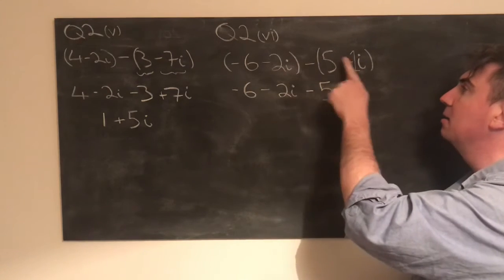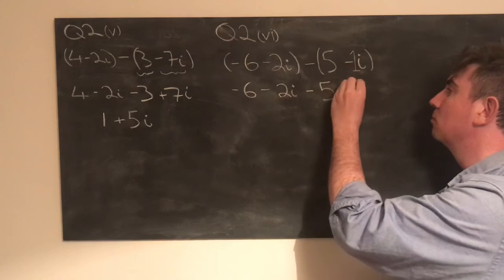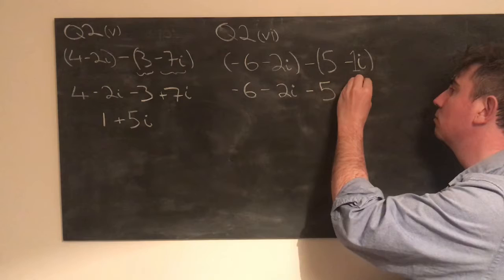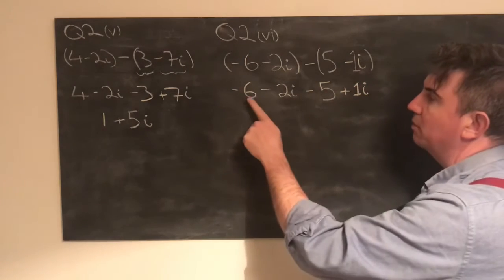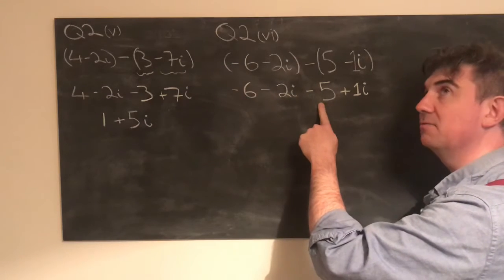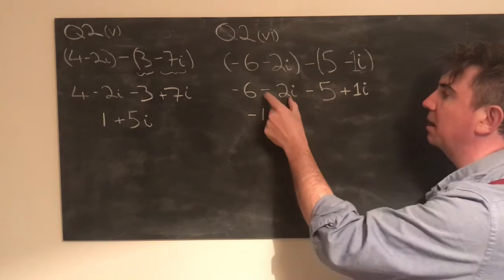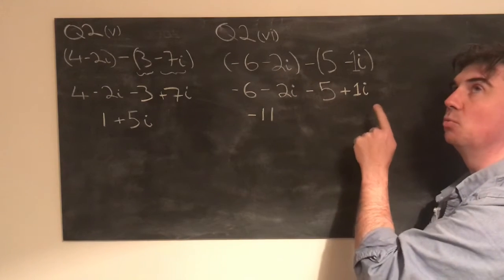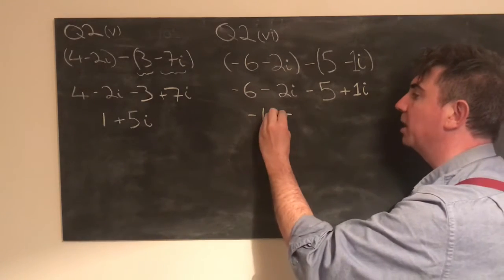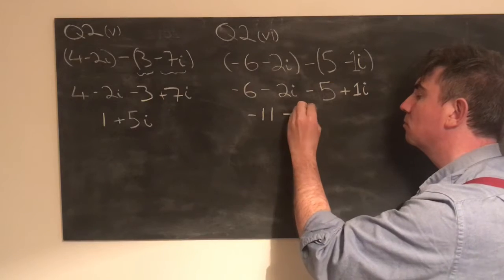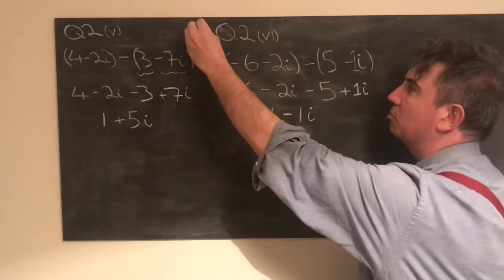If I'm taking minus 1i, that's going to be the same thing as adding 1i. So I have minus 6 minus 5, that's going to be minus 11. And I'm at minus 2i, and I add on 1i. So I'm at minus 2, and I jump forward and that gets me to minus 1i. And that's my complex number there. So that's the answer to question 2, part 6.